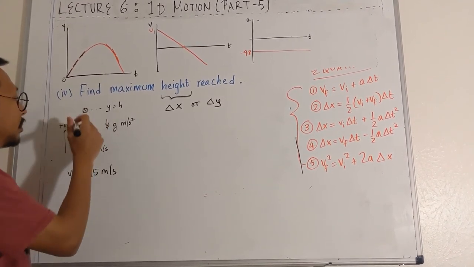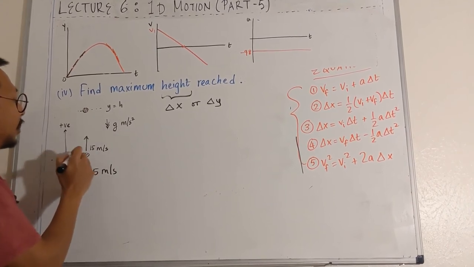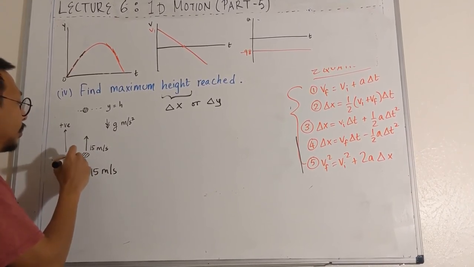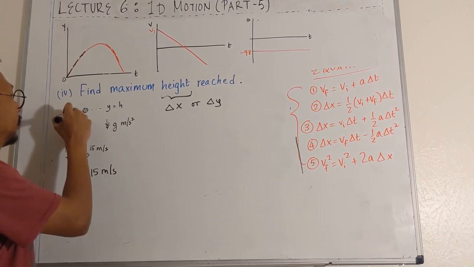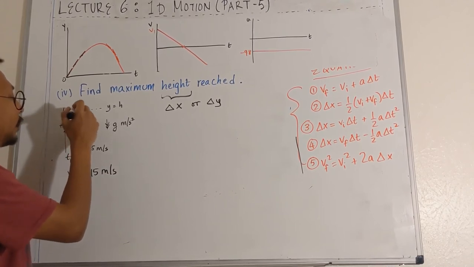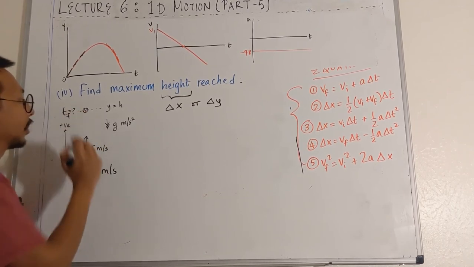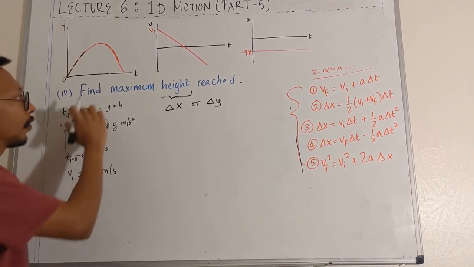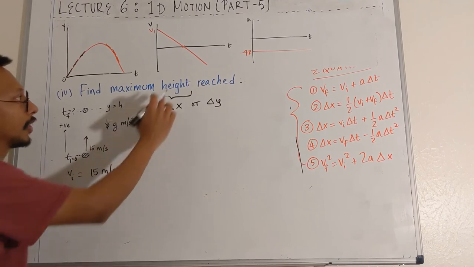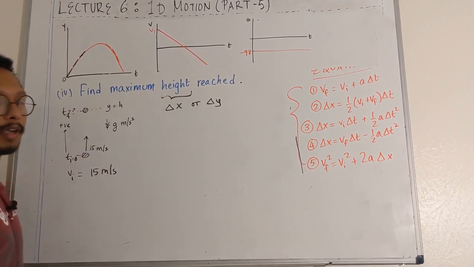So this is our final point. So this is our initial point, so Ti is 0, and this is our T final. All right, we don't know what T final is, but this is our final point for this part of the problem because it asks us to find maximum height.